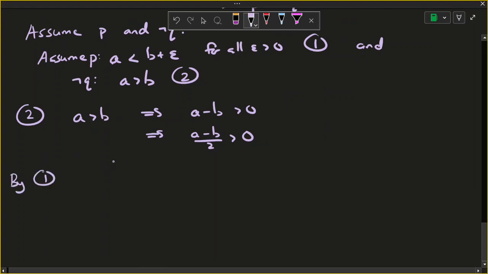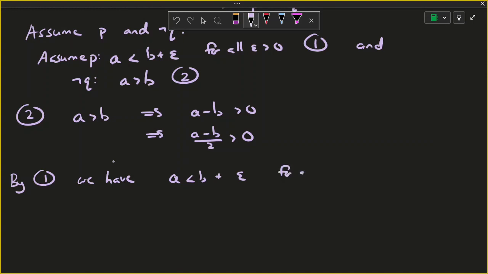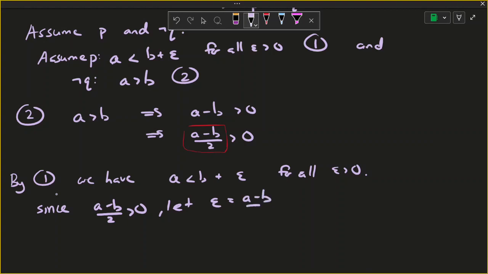By inequality 1, we have A is less than B plus epsilon for all epsilon greater than 0. Notice that (A minus B) over 2 is greater than 0, so that could be our epsilon. So since (A minus B) divided by 2 is greater than 0, let epsilon equal (A minus B) over 2.